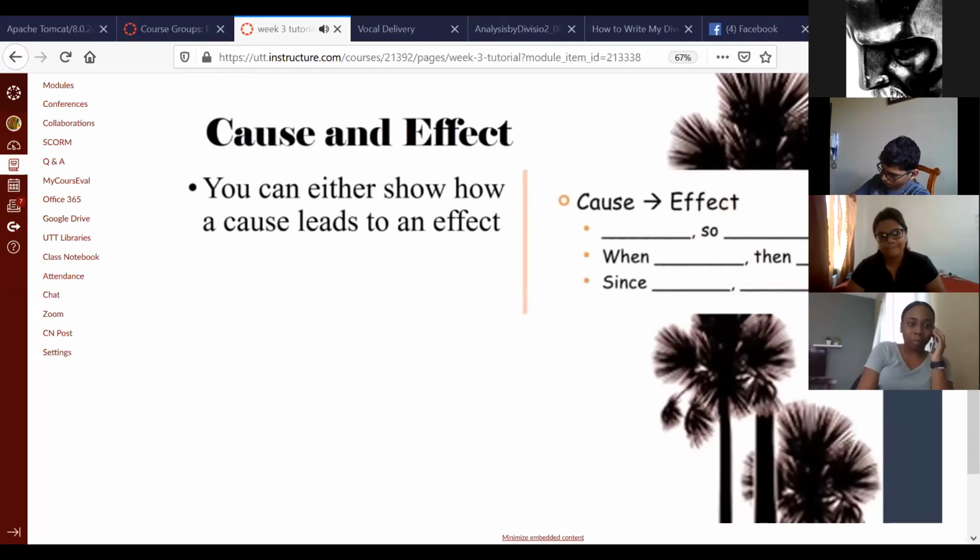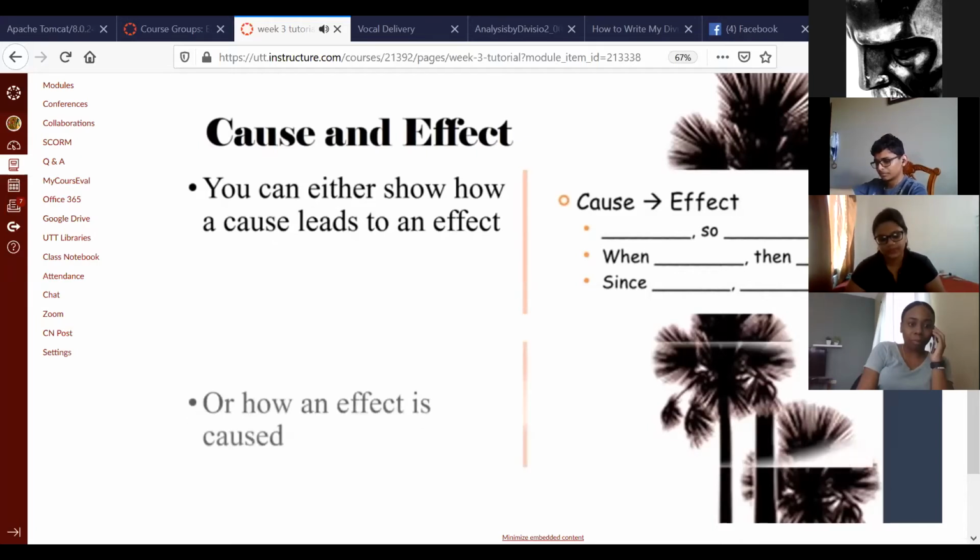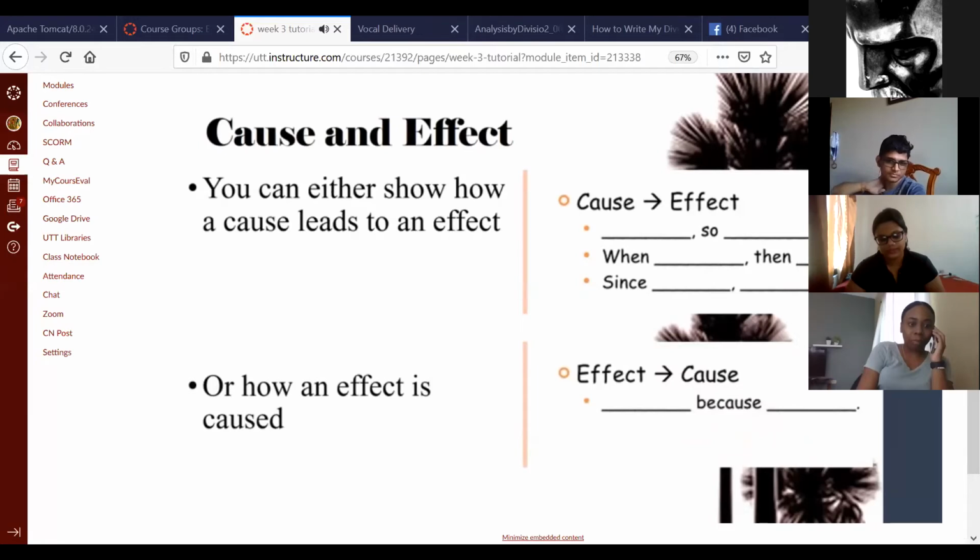You can either show how a cause leads to an effect. See the examples of structure over here. Or how an effect is caused.